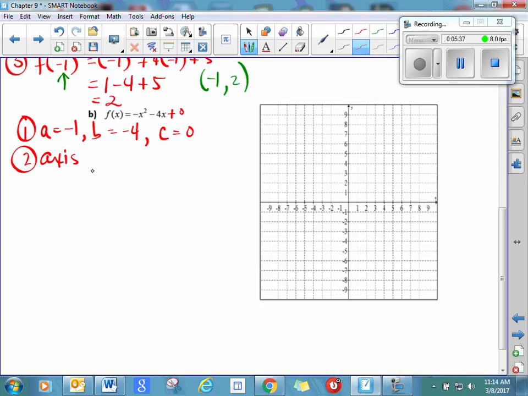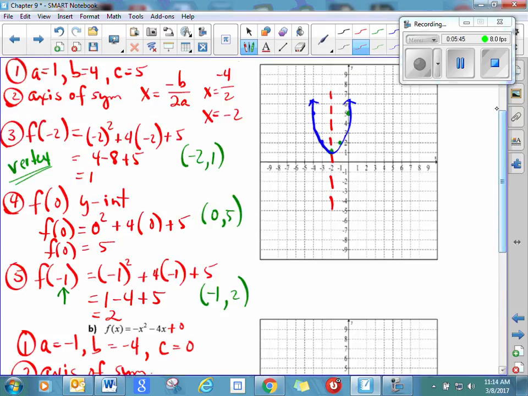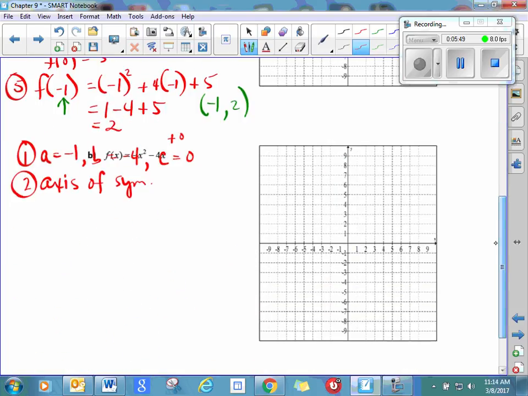We're going to find the line as our next step, and that is the formula. Right here: minus B, the opposite of B, over 2A. So X is equal to minus B, opposite of B, over 2A, which is 4 over -2, because B was -4.